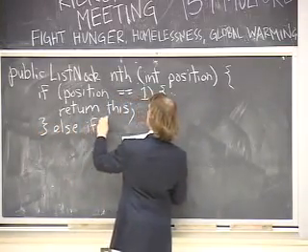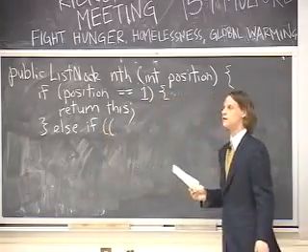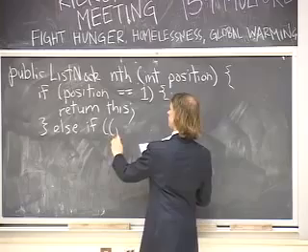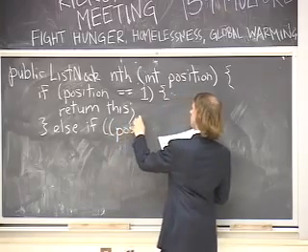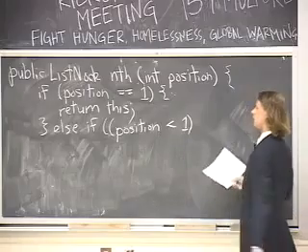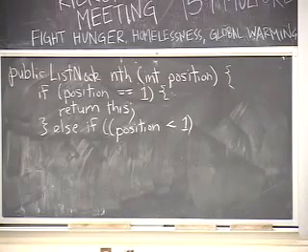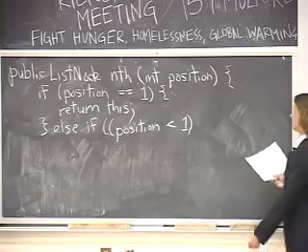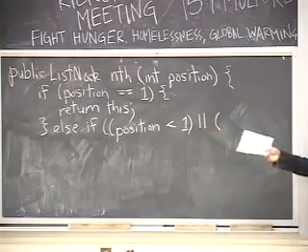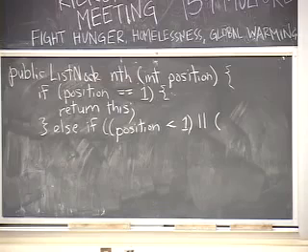Otherwise, let's do some error checking here. Maybe the user called this method with position less than 1, in which case we cannot fulfill the promise. We can't give you the -3th item in a list. And the other thing that might go wrong is that maybe the user has asked for the 10th item in the list, but the item we're at right now is actually the last item.